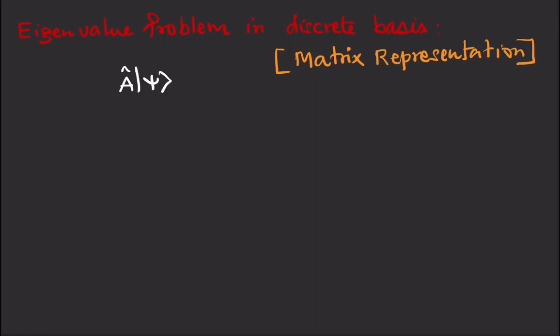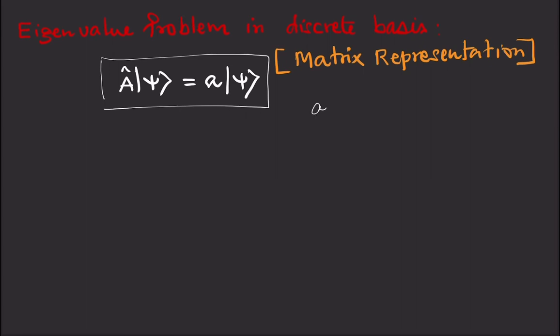Now the eigenvalue problem: operator A ket psi is equal to eigenvalue a ket psi. Now we will work out the matrix representation of this eigenvalue problem and solve it. That is, we want to find the eigenvalues a and eigenvector psi of an operator A such that A ket psi is equal to a ket psi, where a is a complex number.